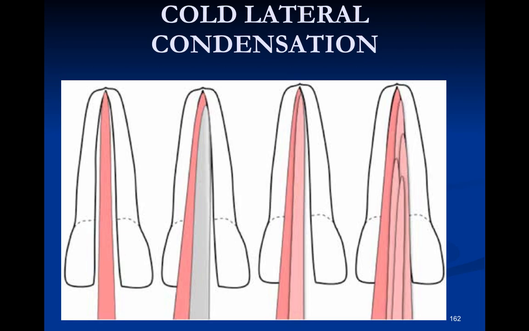After that, we should extract the spreader and insert the next gutta percha with sealer inside of the canal. And we can continue like that up to filling the crown part of the tooth.